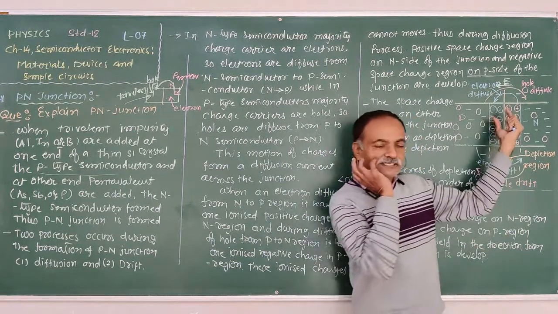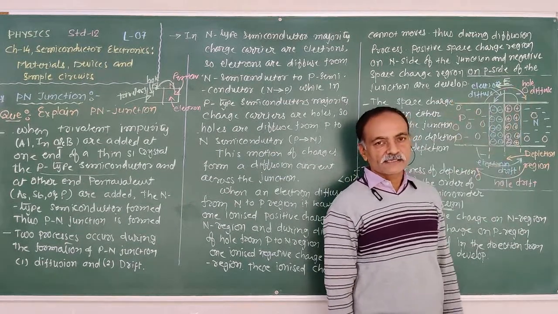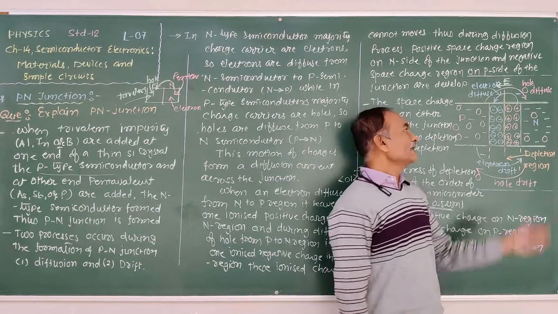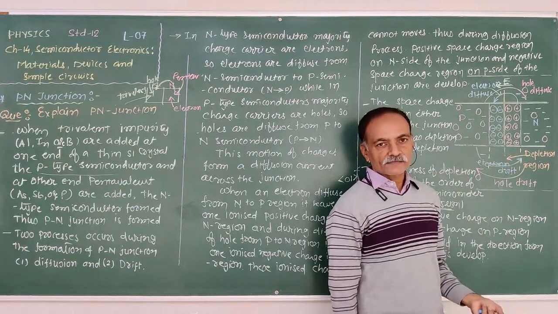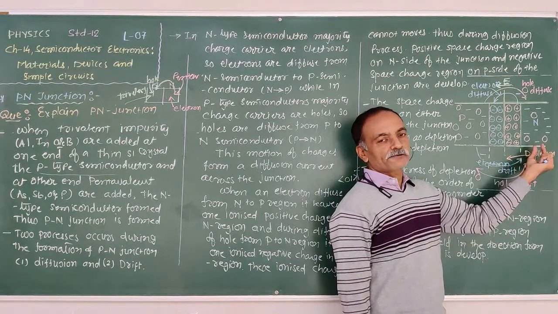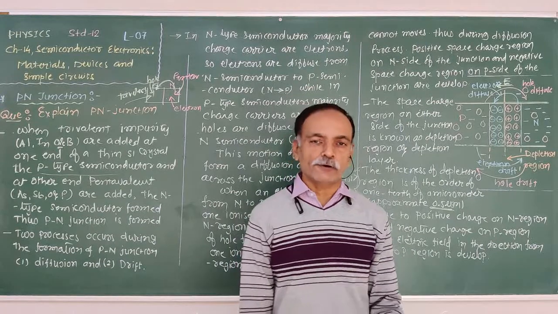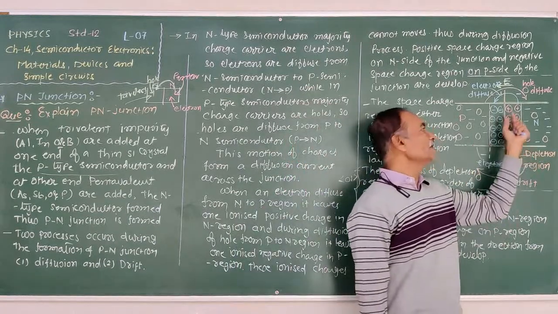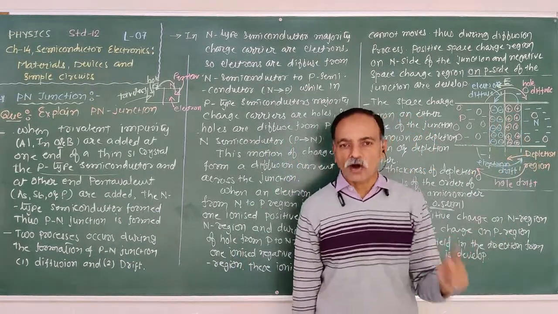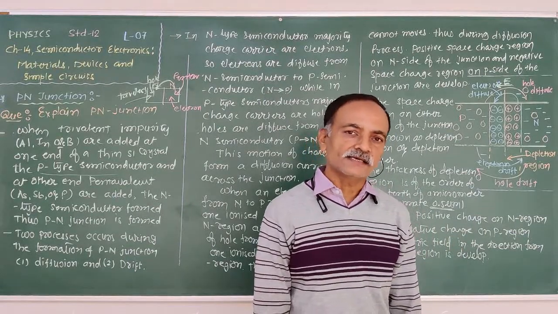First, the diffusion process takes place. As a result, the electric field is established. Due to this developed electric field, the electrons from the p region drift to the n region. That means the electrons are moving from the p to the n region under the influence of the electric field established in the depletion region.